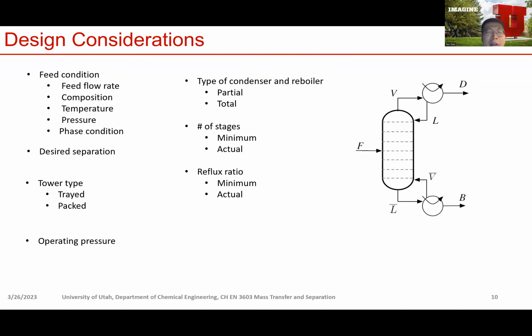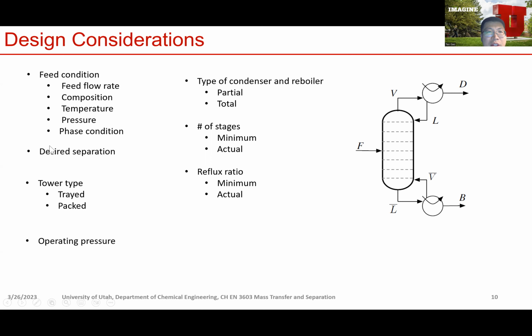Pure liquid or a vapor, or is it a 2-phase mixture? If it's a pure liquid, is it a subcooled liquid or a saturated liquid? If it's a vapor, is it a saturated vapor or a superheated vapor, right? That's the phase condition. We'll talk about the difference here later.